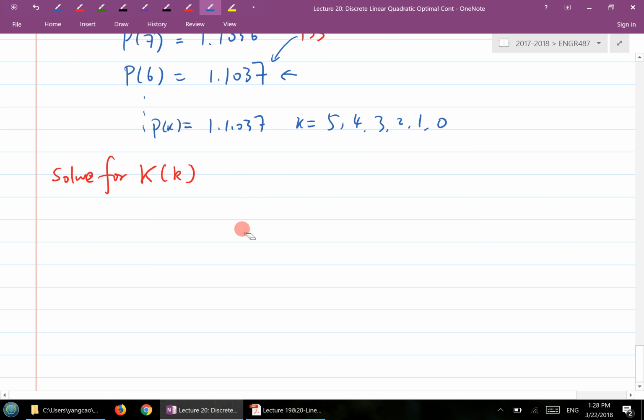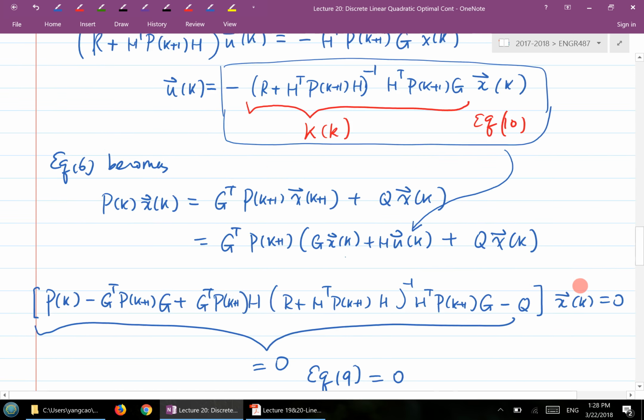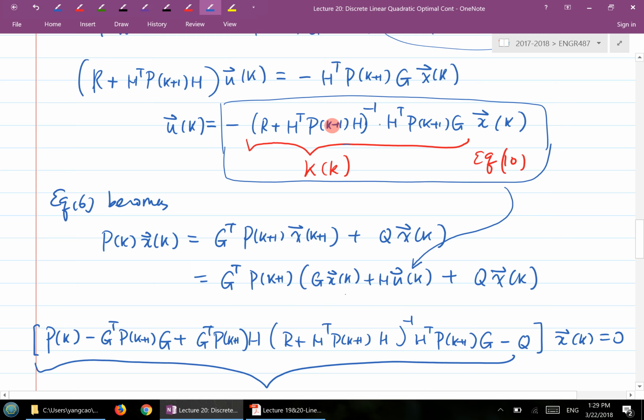So maybe I'll just write it on here. This K is equal to R inverse H transpose G transpose inverse P of k minus G. This one looks different from the other, but if you manipulate it, you get the same thing.